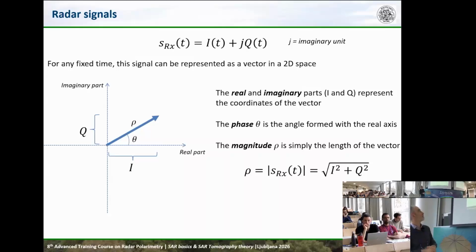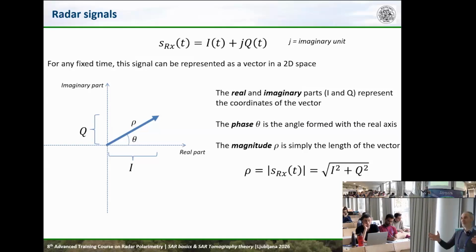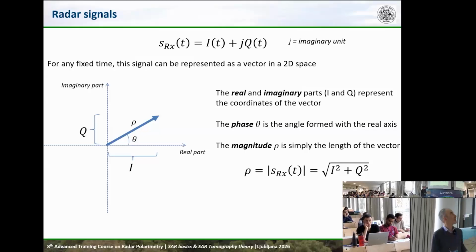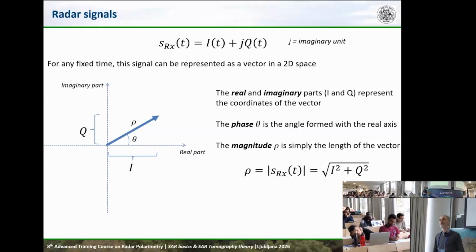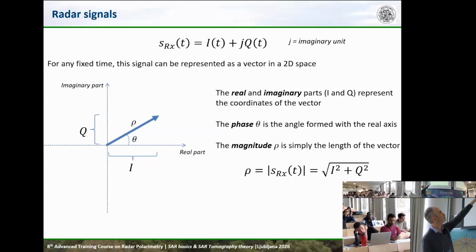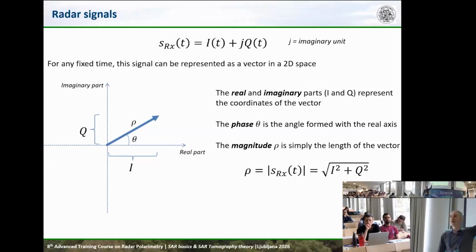And so in particular the I and Q parts represent the coordinates of this vector. The phase, so what is the phase? The phase of a complex number is just the angle that is formed with the real axis, and the magnitude is simply the length of this vector.